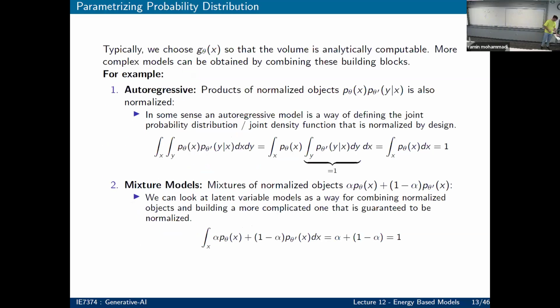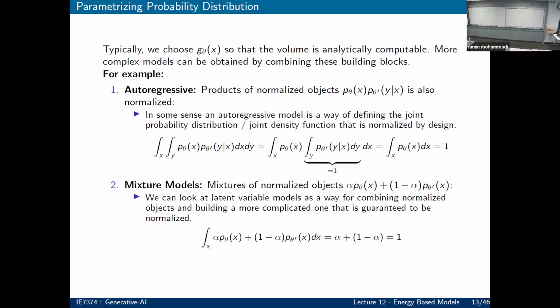So now let's go back to the examples that we have seen before. Let's go to autoregressive. In autoregressive models, to find the joint distribution of x and y, or x and z, we can write it as the marginal times the conditional, and if you expand this term as an integration across all possibilities, it always sums to 1.